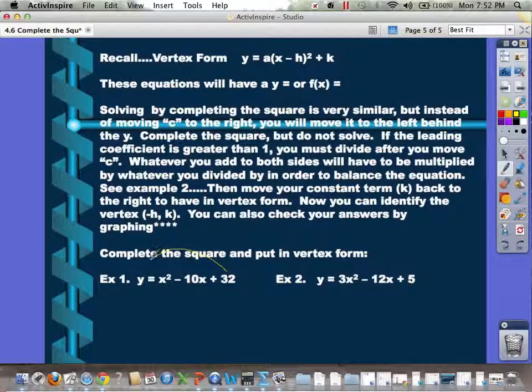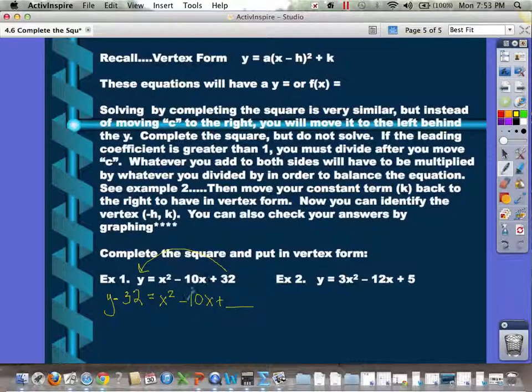All right, so what you're going to do is you want to move your constant. It's got to go over here behind the y, so I have to change the signs because it's crossing the equal sign. So that will be y minus 32 equals x squared minus 10x, and then here's where you put your plus blank. Okay?